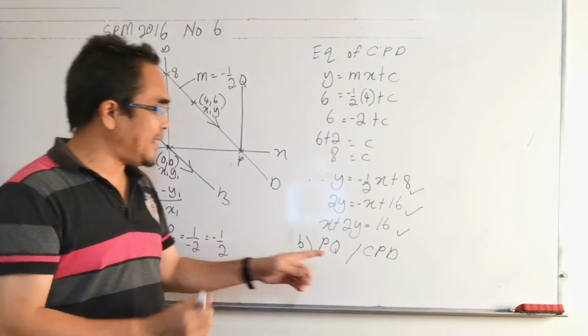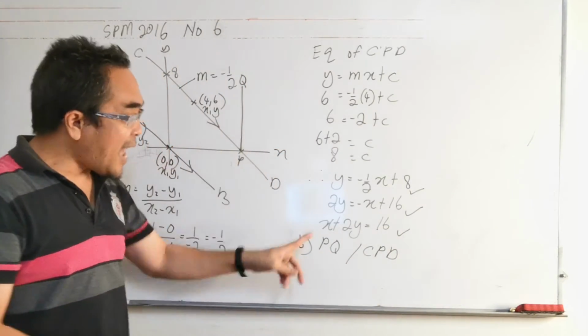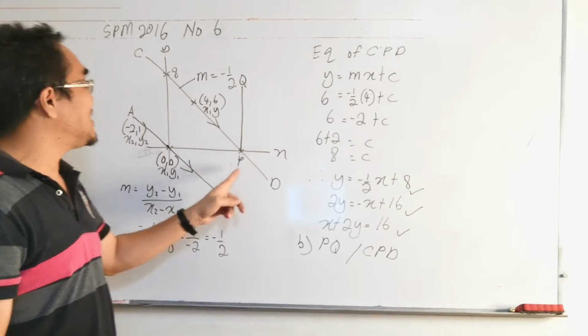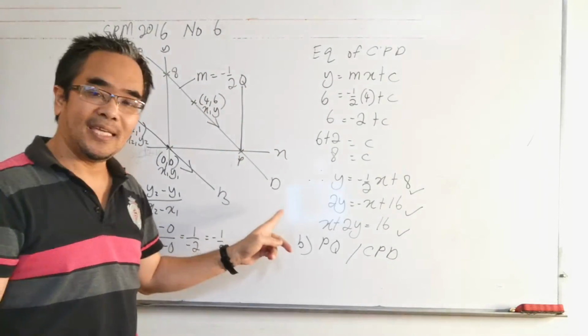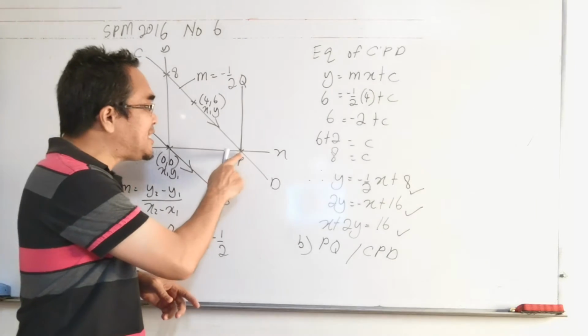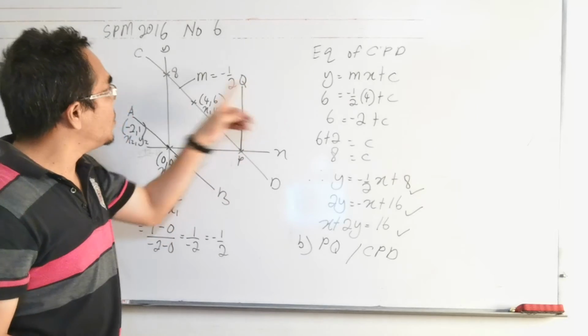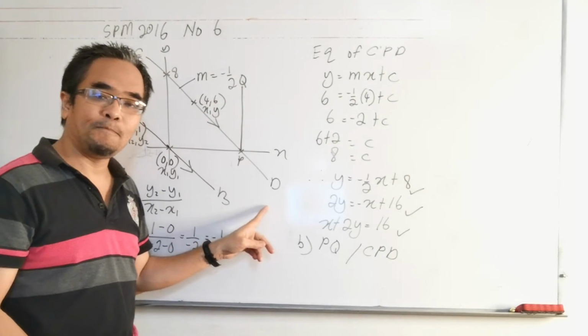You get the idea what I mean by this? The x-intercept for PQ is actually the x-intercept for CPD, because the x-intercept is this coordinate, and this coordinate is shared between PQ and CPD.